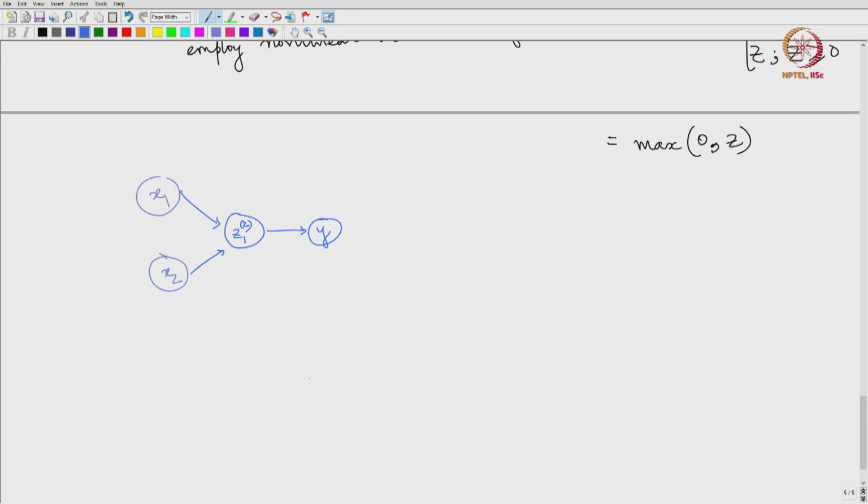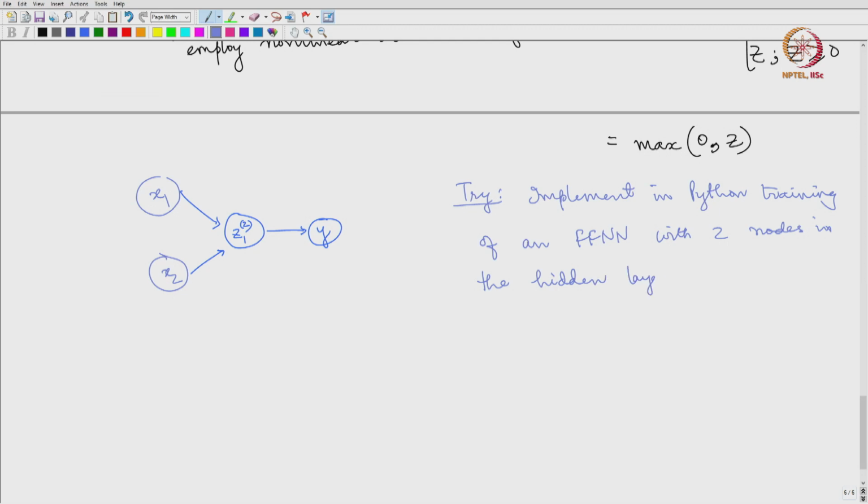Okay. Now this is a very simple architecture, so you can try later to implement in Python the training of an FFNN with 2 nodes in the hidden layer to represent an OR logic gate.